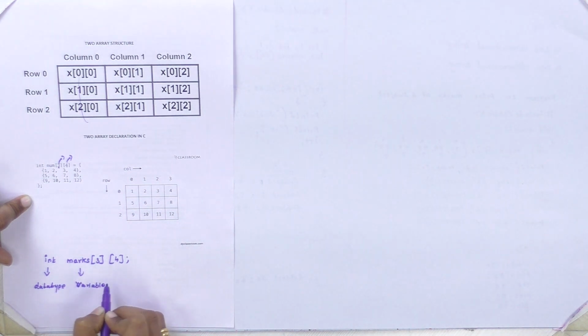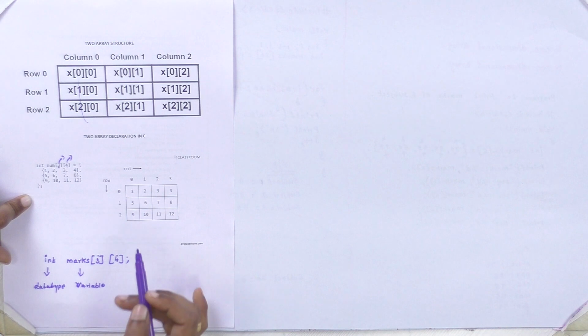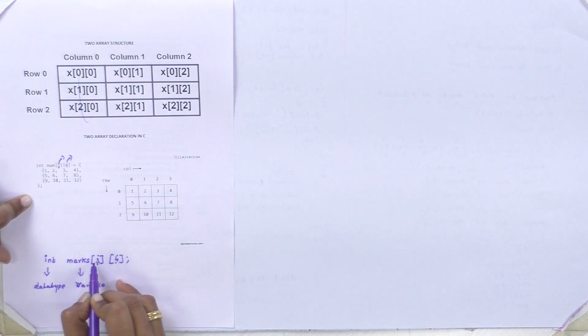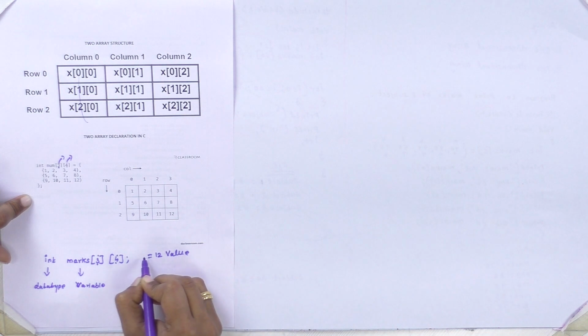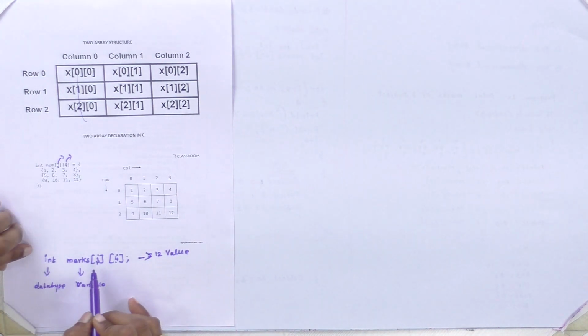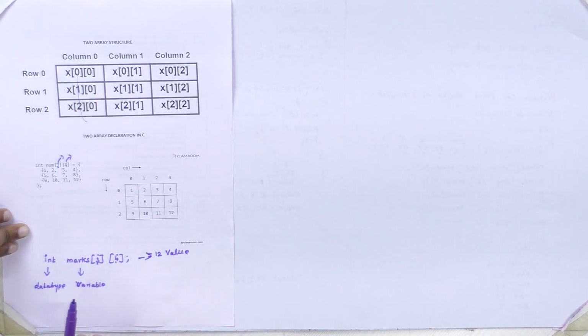These two sizes tell the compiler it is a two-dimensional array, and it will store the values in the form of a table. For example, 3 rows and 4 columns. So 3 into 4 is 12 values. So it will store 12 values. Here the compiler will understand marks is a two-dimensional array and it will store 12 values.